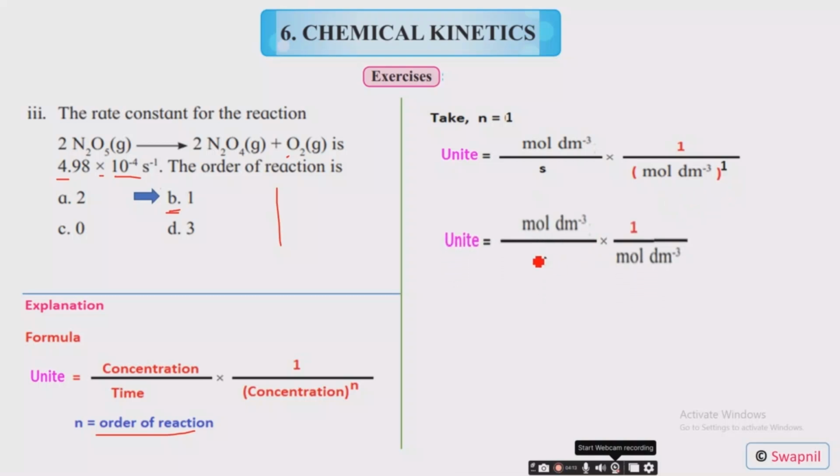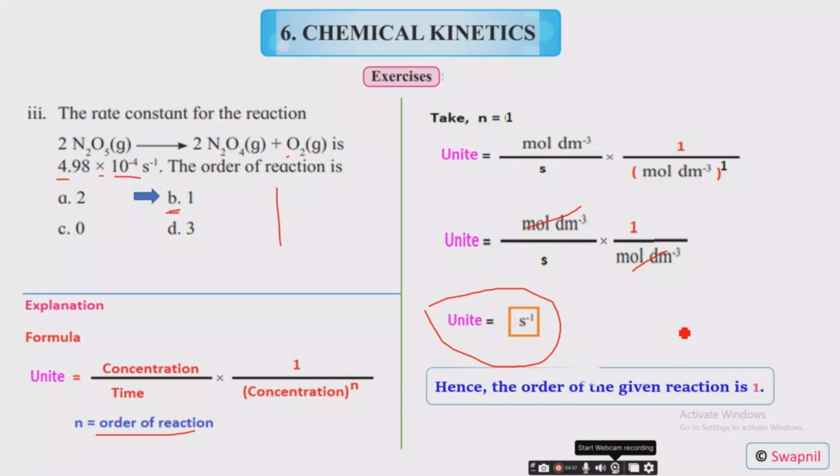So mole per dm cube gets cancelled. We have only second inverse, because this denominator second goes to the numerator, so plus 1 here is going to minus 1. So unit is second inverse. Hence the order of the given reaction is 1.